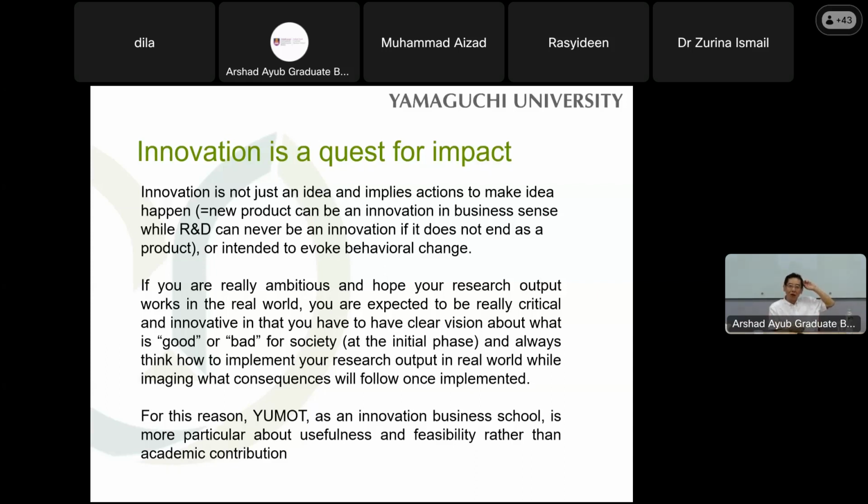And be determined. Someone may criticize you because it's unrealistic that everyone shares the same goods for society. And always keep thinking how to implement your research output in the real world, while imagining what consequences will follow once implemented.